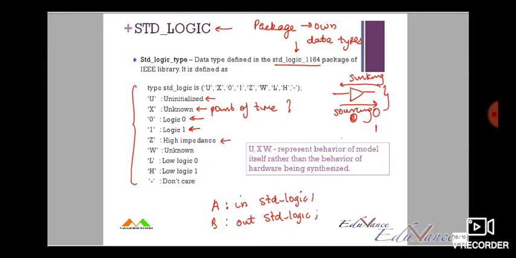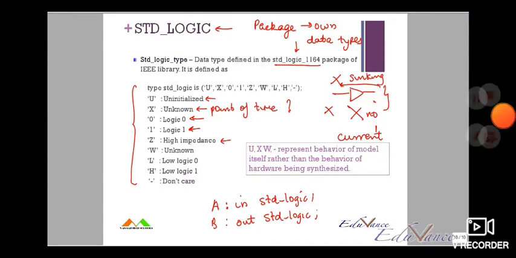Again, this is in terms of current. When I say it's high impedance, it means that it is neither sourcing nor sinking. There is no current, and that's what it means by high impedance. Don't care.